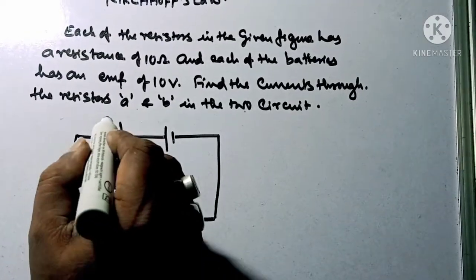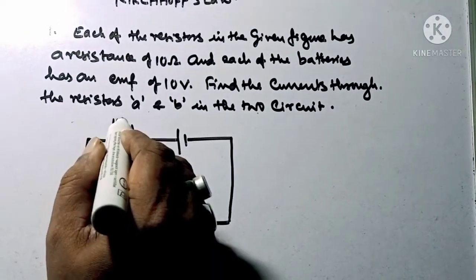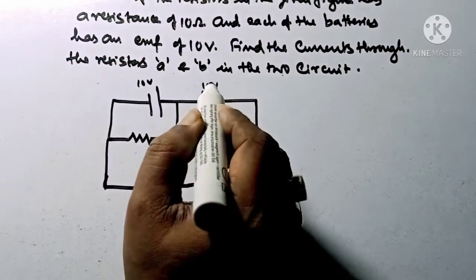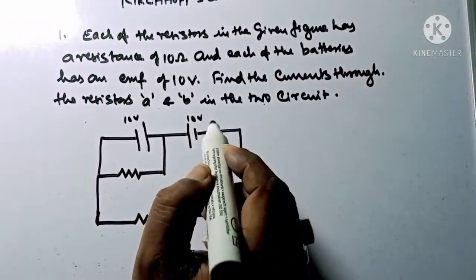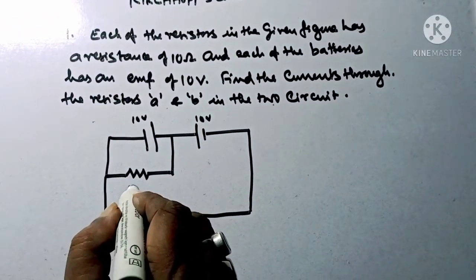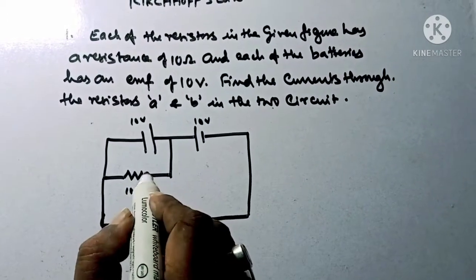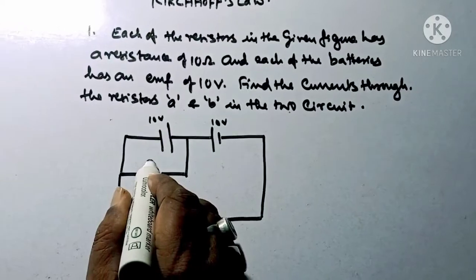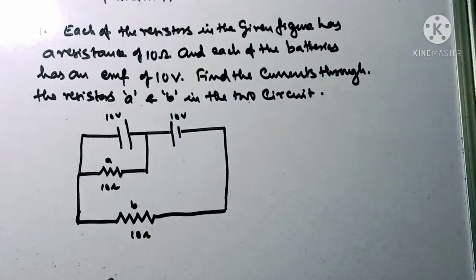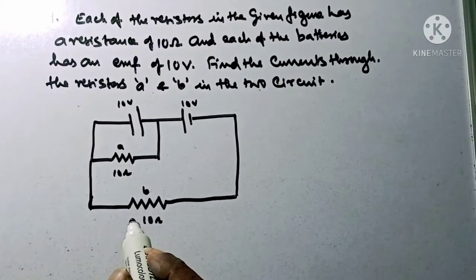Each of these batteries is 10 volts, and each has a resistance of 10 ohms. This is 10 ohms and this is also 10 ohms. Now we have to find, this is A and this is B. We have to find the currents through these resistors A and B.